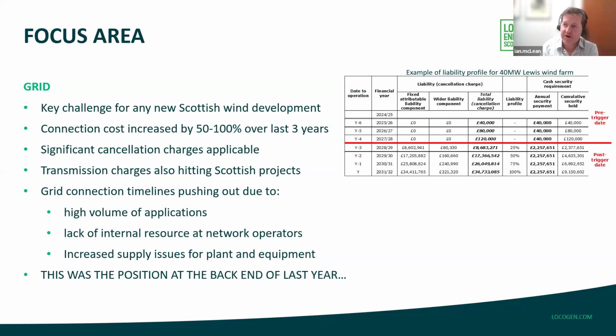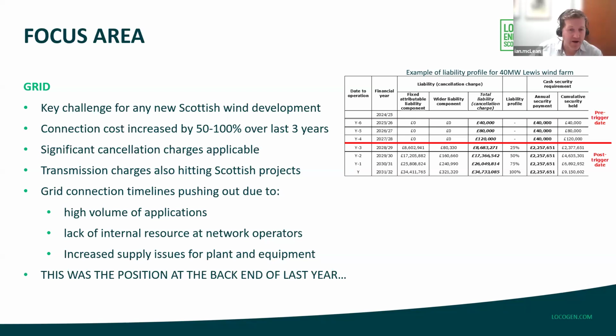What I just talked about was the key overview of the grid position up until the middle to end of last year, and for the last couple of years there's been a lot of discussion about grid reform. What we've seen since the tail end of last year and the beginning of this year is that this is very much the year these grid reforms are going to be put into place.